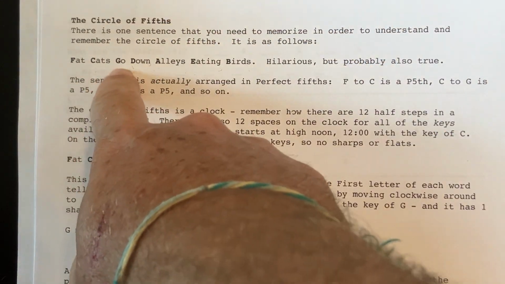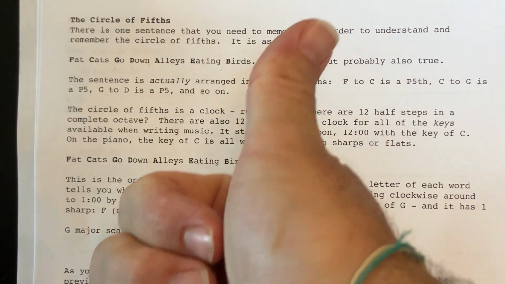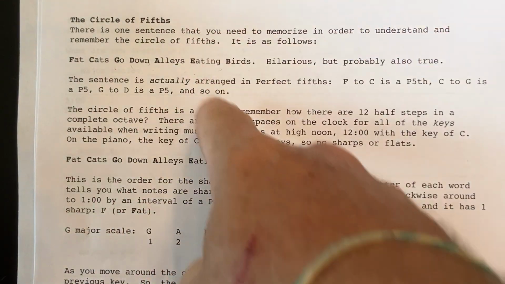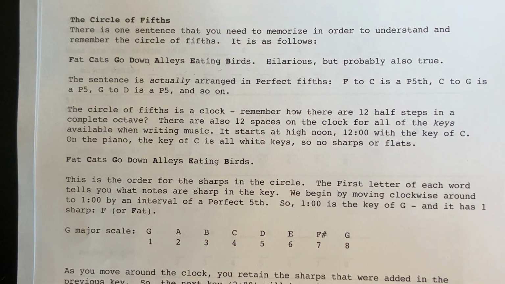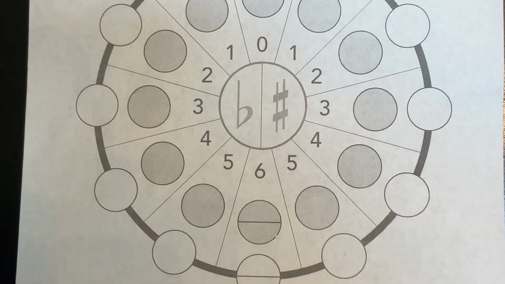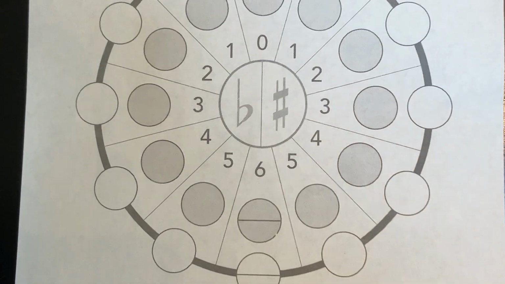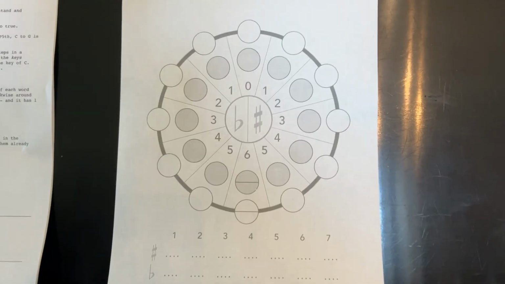So C to G is a fifth. G to D: G, A, B, C, D. You're counting up a fifth every time, and as we move around the circle of fifths, you're always moving up a perfect fifth. I'm going to zoom that back out so you can see.